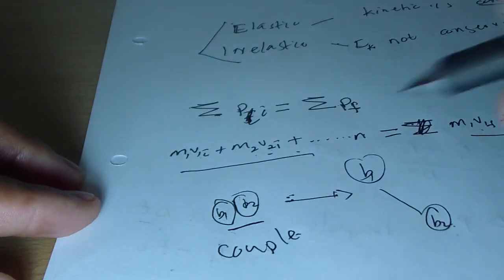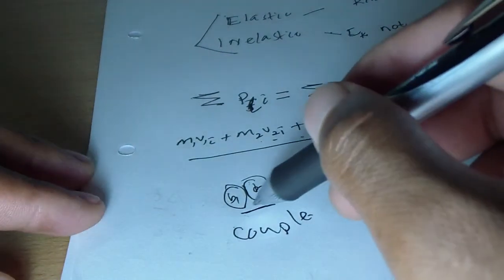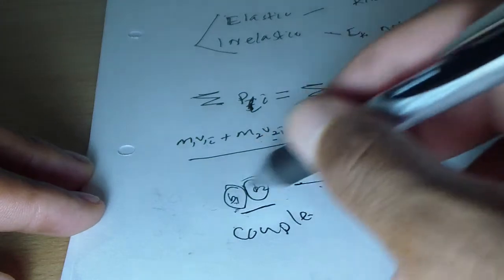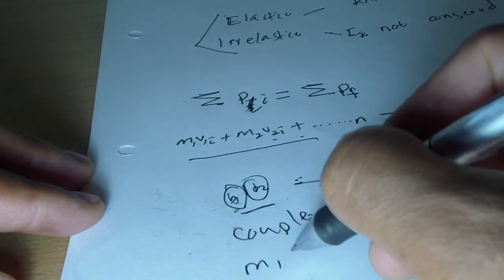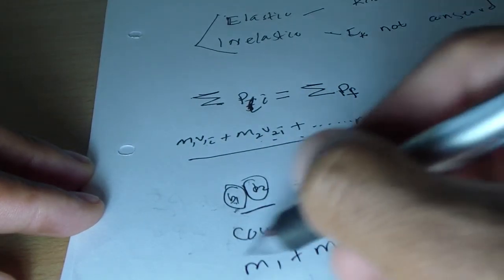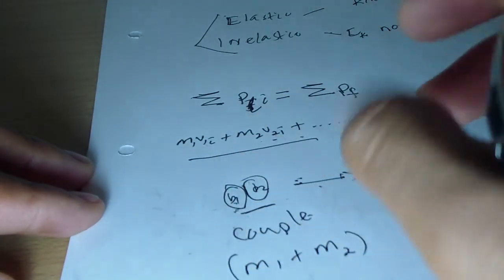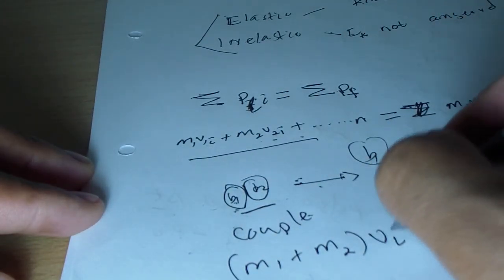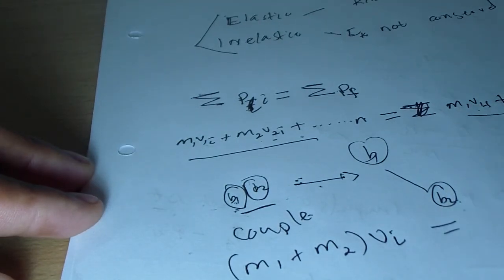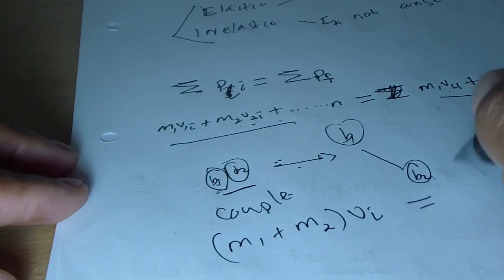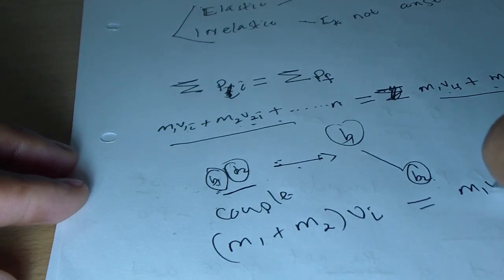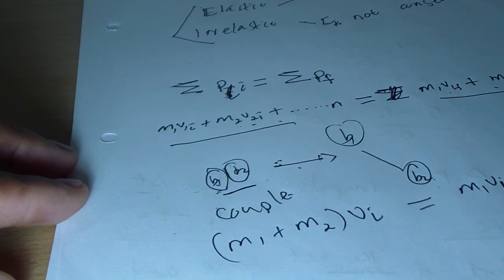So with a couple, when we're dealing with our calculations, these 2 are joined together, which means the masses are combined. We normally say m1 plus m2. They are moving at the same speed because they are combined together, so they have the same initial velocity. Then after the collision, m1 moves with its own speed, v1, which is now its final speed, and m2 moves with its own velocity, which becomes final.